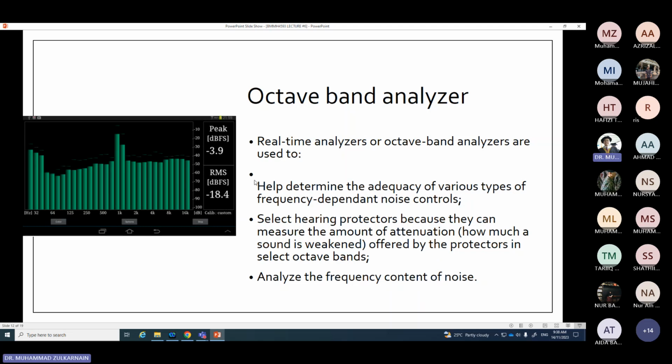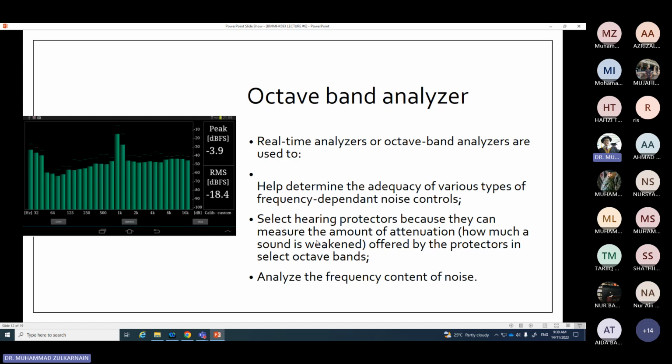In the octave band analyzer, you can see the reading, how they measure. The real-time analyzer or octave band analyzer is used to help determine the adequacy of various types of frequency-dependent noise control.